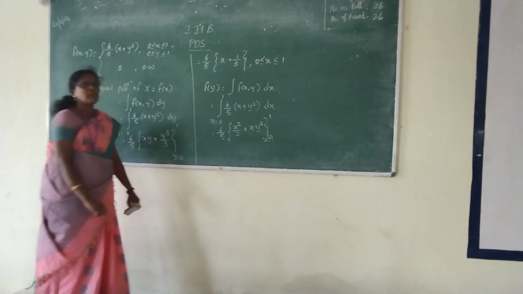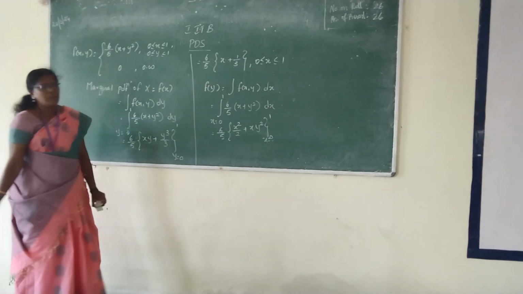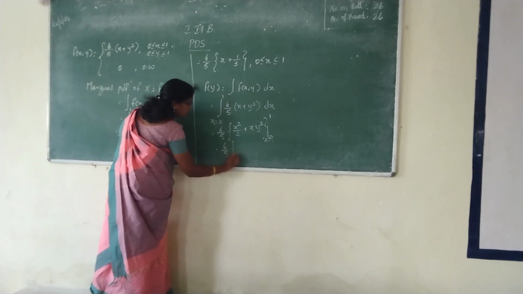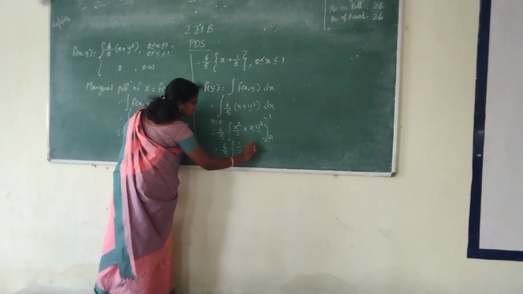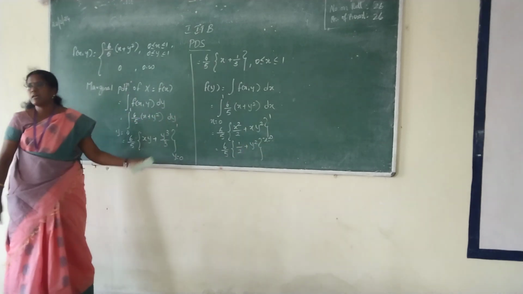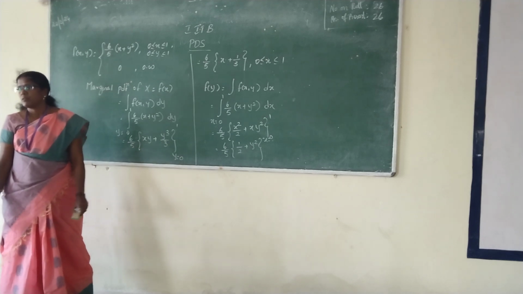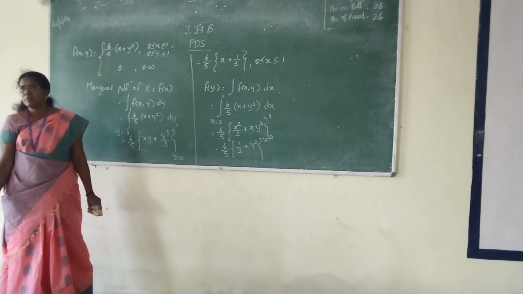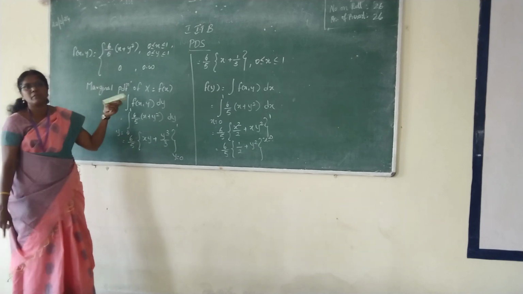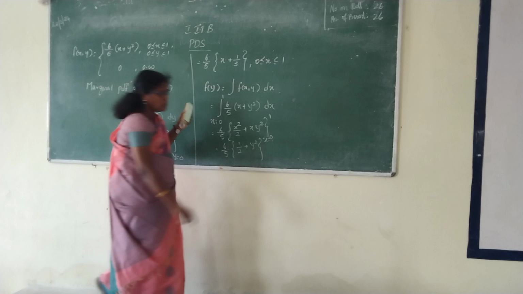So substitute the limit value for x variable. Upper limit x is equal to 1. So what will be your answer? 1 by 2 plus y square. What will happen to lower limit? 0. So this is our f of y. Okay. Shall we stop? Comma. Write the limit value for y. What is the limit value for y? 0 to 1.